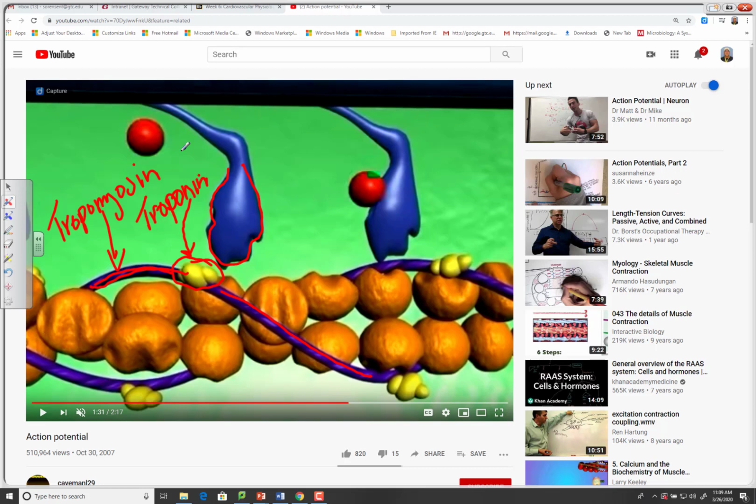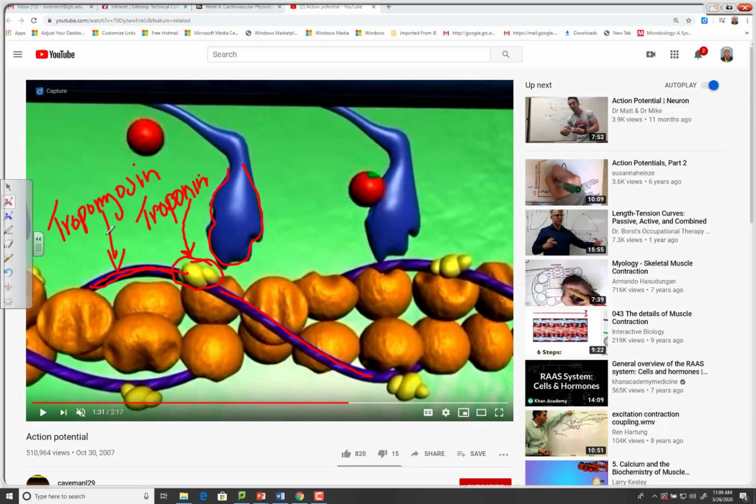Now I'm going to be very general here. Now watch. In order for the cross bridge, the myosin head, to bind to the actin molecule, you got to get the tropomyosin molecule out of the way.